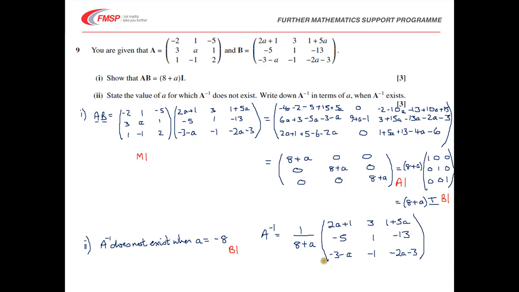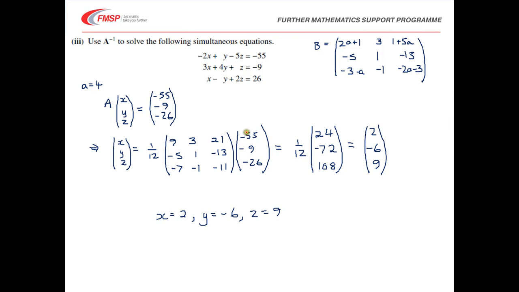And there's a method mark for taking the matrix B and multiplying it by 1 over something which is not 0, which is not 1. And there's an accuracy mark for having that fully correct.